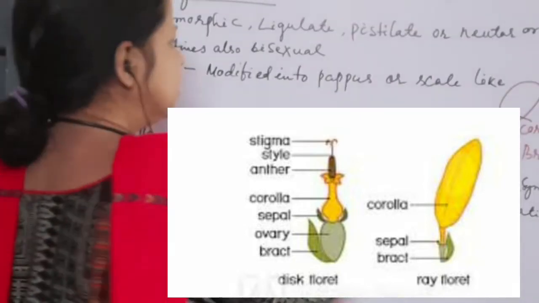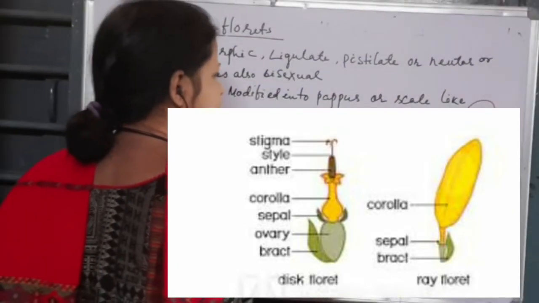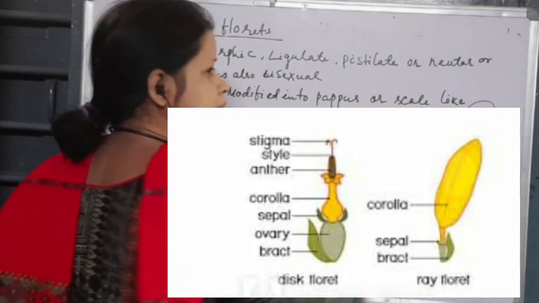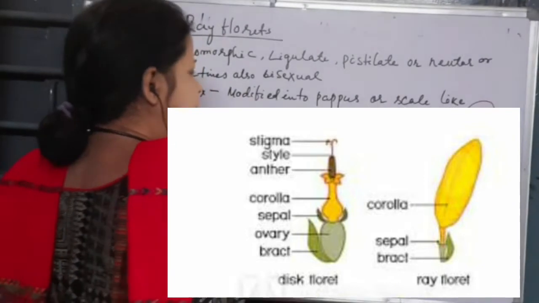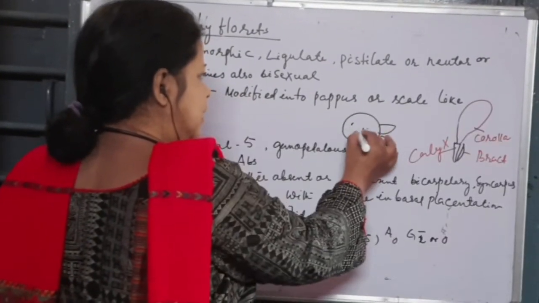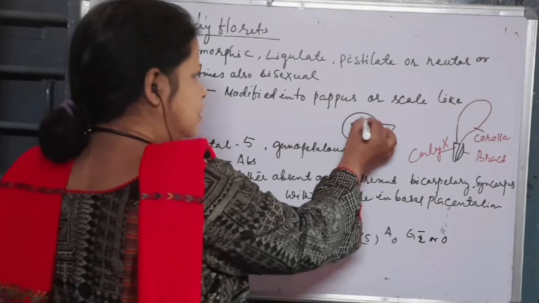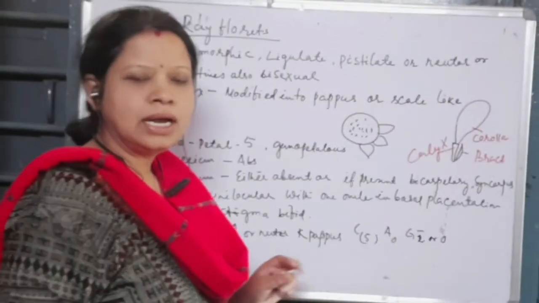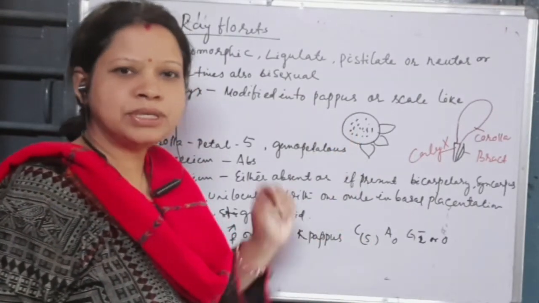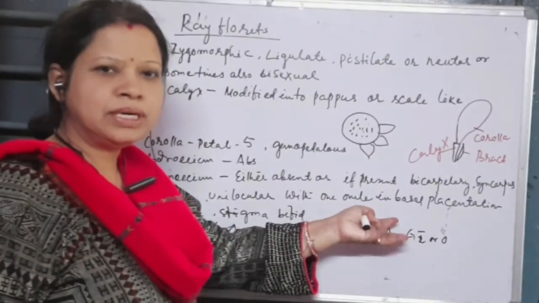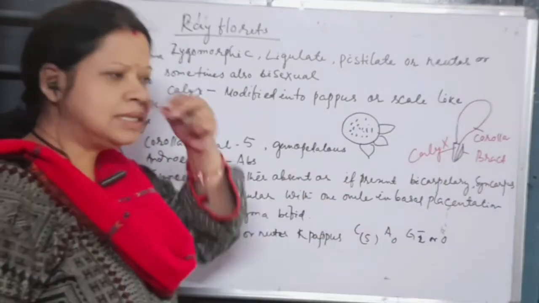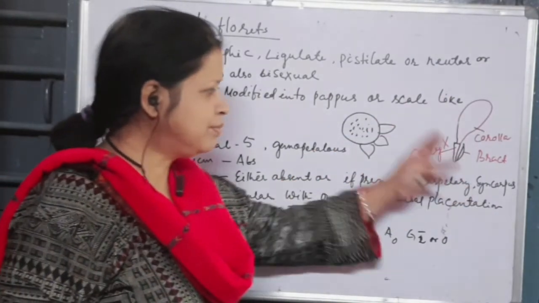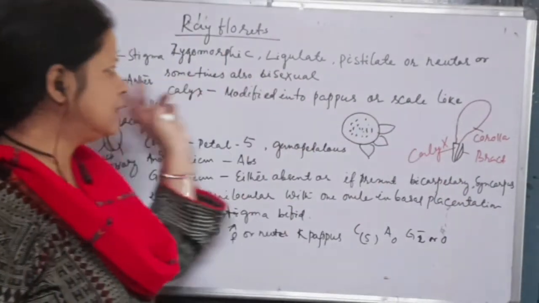The ray floret is present towards the periphery, having a large petal or corolla, and at the center there is the disc floret in the case of a heterogamous head or capitulum. In a homogamous head or capitulum there are ray florets only, or in some cases homogamous disc florets only. So we are talking about the two florets, ray floret and disc floret.